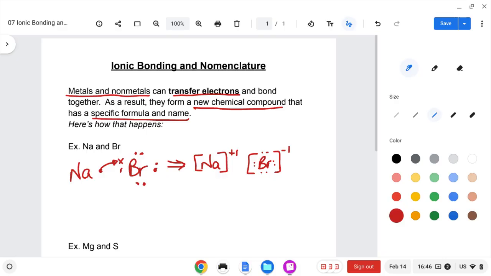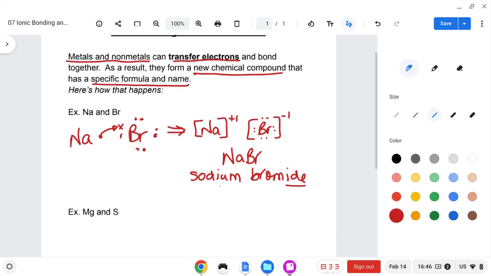When I set this up, I need 1 sodium and 1 bromine to form a bond. So this is my chemical formula, NaBr. And when I name this, I call this sodium, so the full name of the metal, and then I call this bromide. And notice that we change the suffix of the nonmetal to IDE.